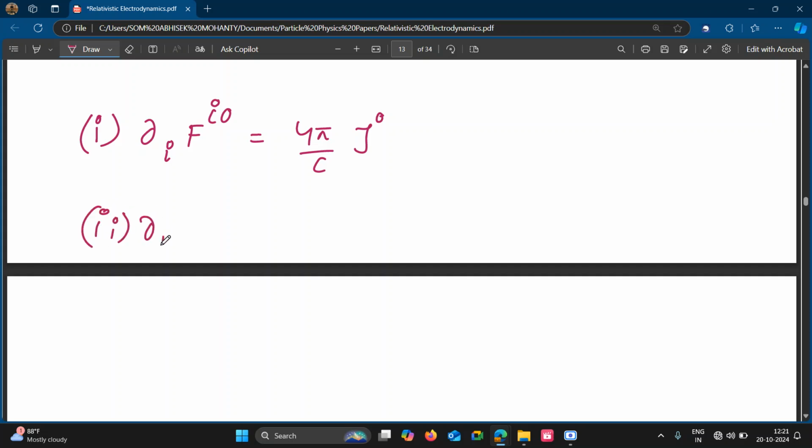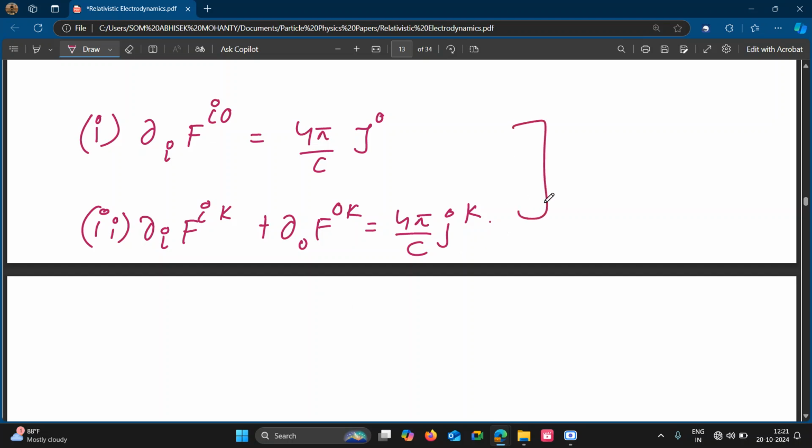Del_i F_i0 is equal to 4 pi by c J_0, and the second one will be del_i F_ik plus del_0 F_0k is equal to 4 pi by c J_k. So these are the two equations. Similarly, the last two equations that don't involve any sources can also be expressed in terms of the electromagnetic field tensor.